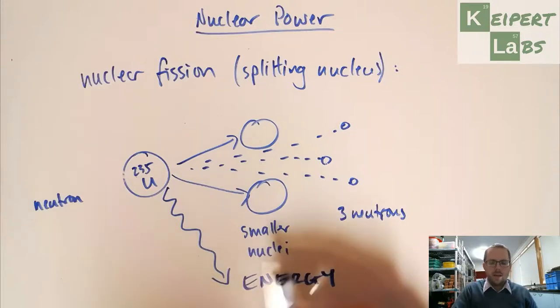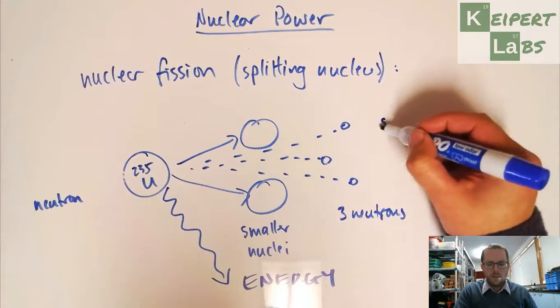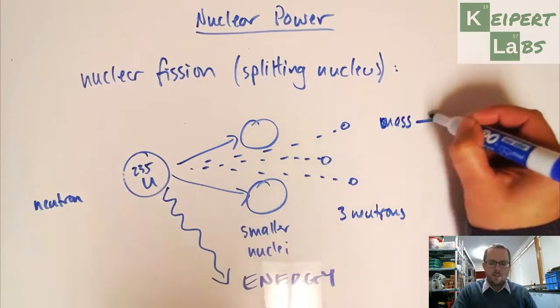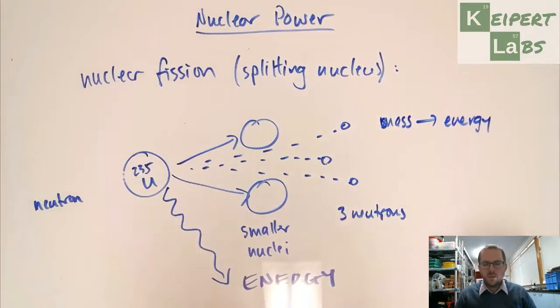Okay, so what happens? The reason that we give off energy is that a small amount of mass inside this nucleus during this process gets converted to energy. What Einstein was able to show with his equation is that mass and energy are actually a lot more closely related than we thought.